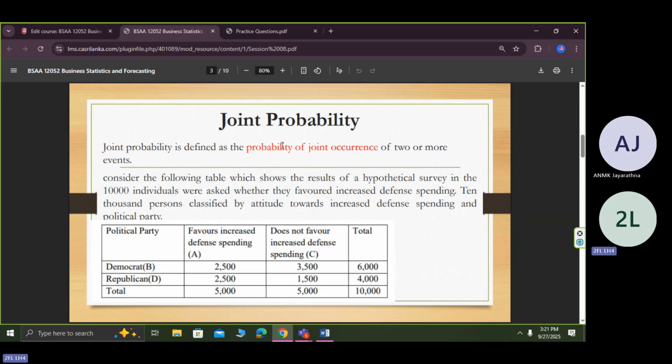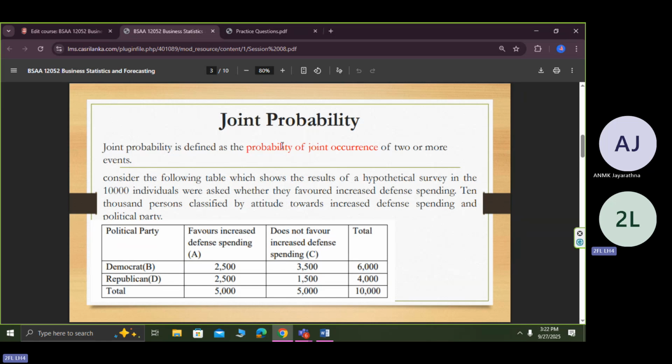In the joint probability concept, suppose we need to identify the probability that the respondent is a Republican and he or she favors increased defense spending. We need the probability of that particular person's political party and attitude together. We call it joint probability.